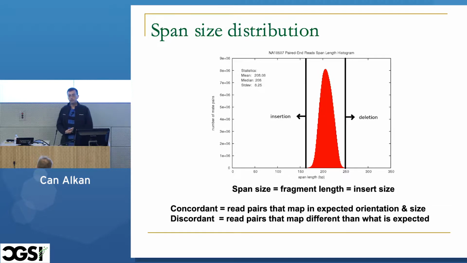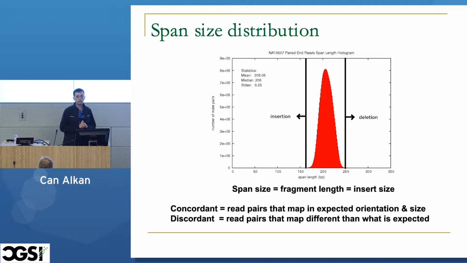So the read pair also has some problems. Again, you assume a Gaussian distribution of the size of those short molecules. So this is a good data set. As you can see, it is a pretty tight Gaussian distribution.